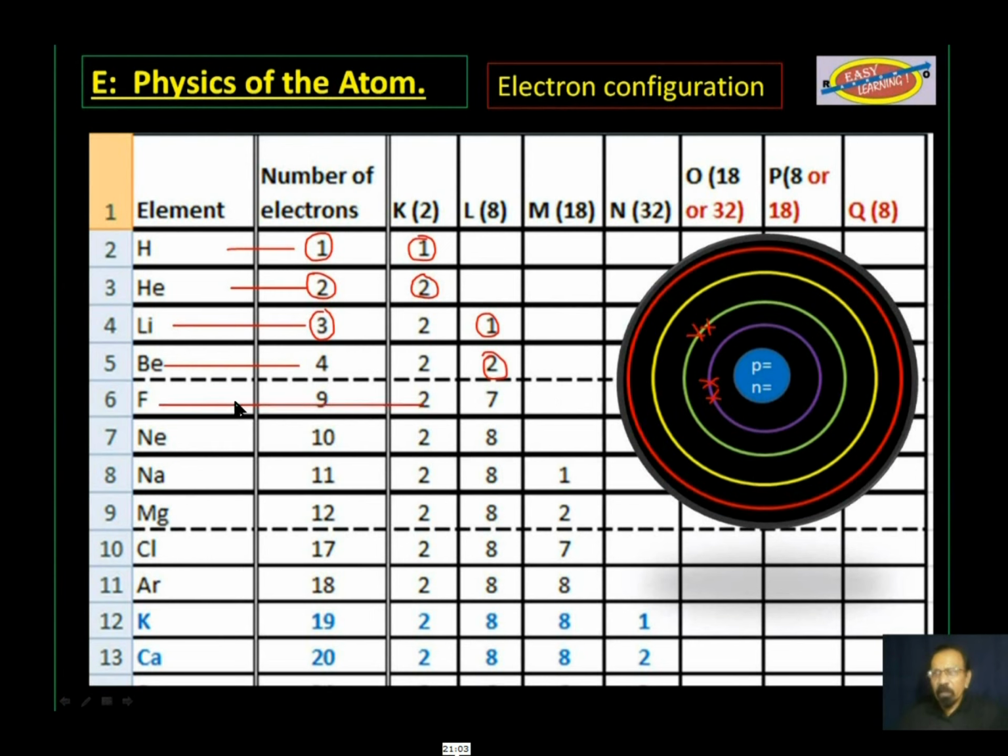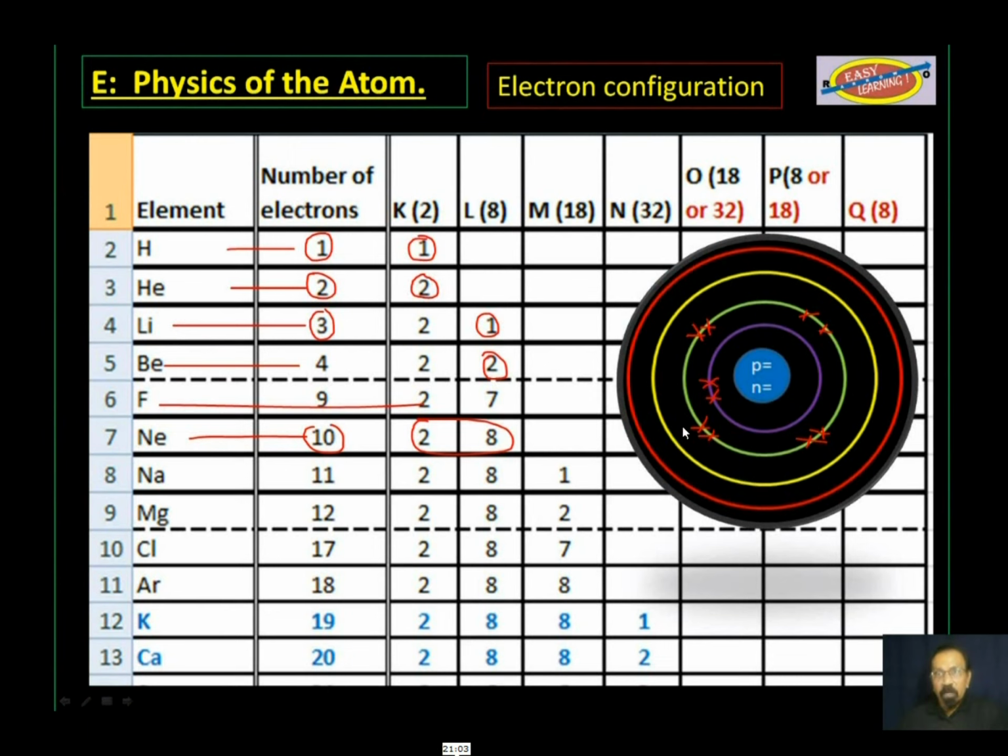You go to fluorine, you get 2 and 7. And then you come to neon, 10 electrons, 2 and 8. So those 2 here, those 7 and this one, 8.